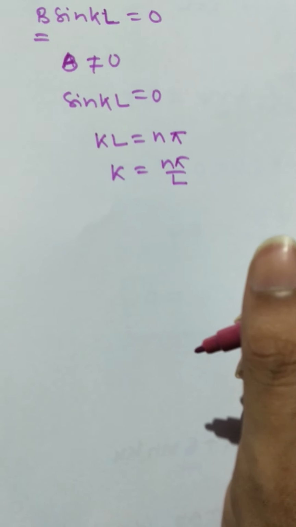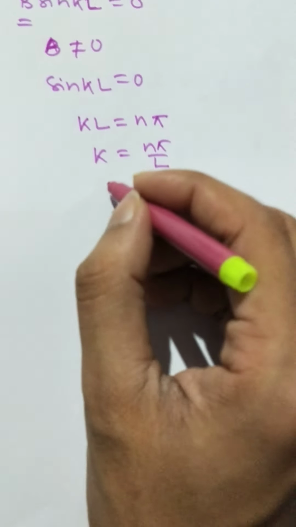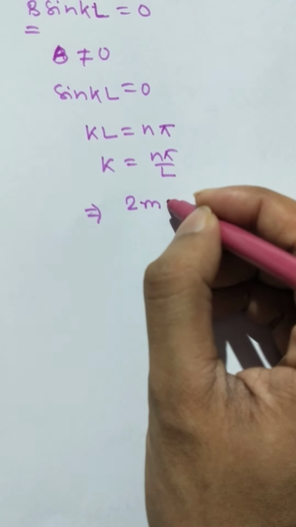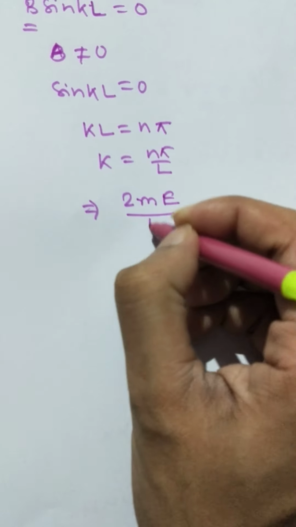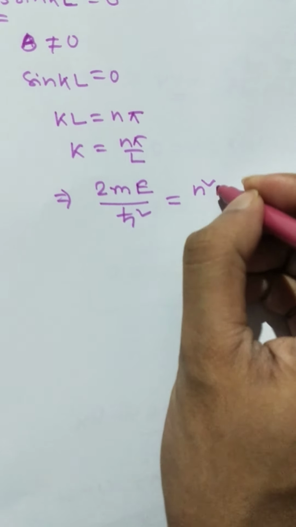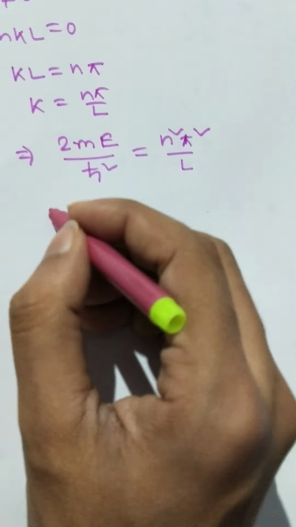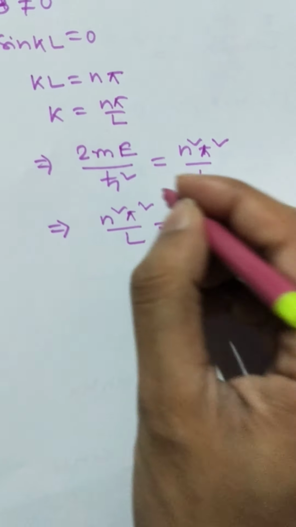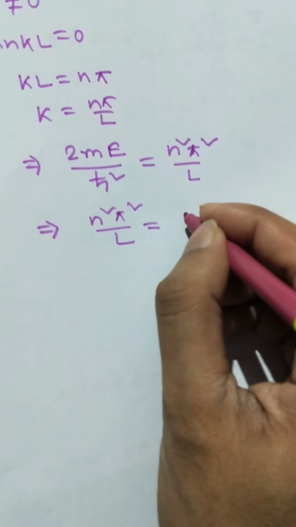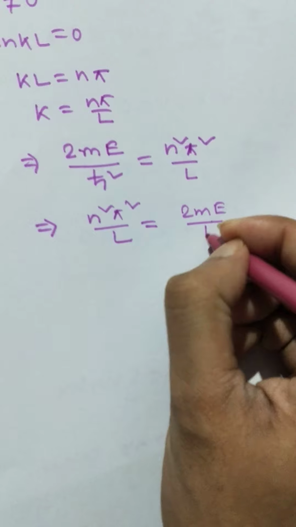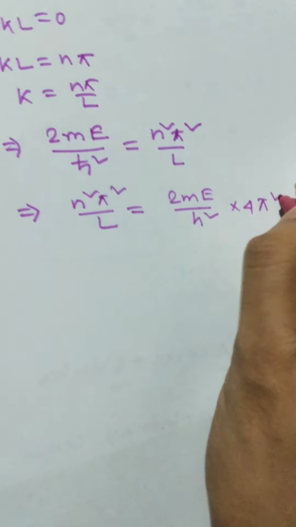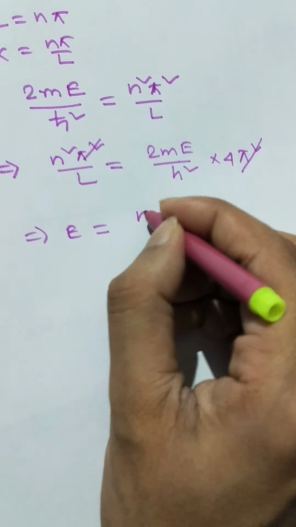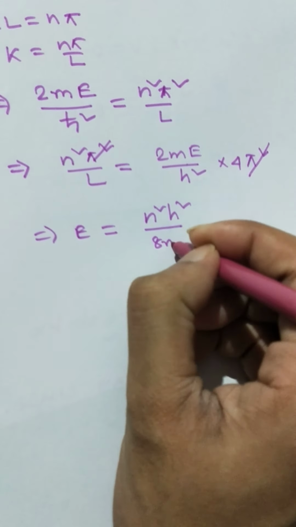Now we know k square equals 2m E by h cut square, so n square pi square by L square. Again we can write this, instead of h cut we put h by 2 pi, then we get 2m capital E by h square into 4 pi square, cancel out, and we get E equals n square h square by 8m L square.